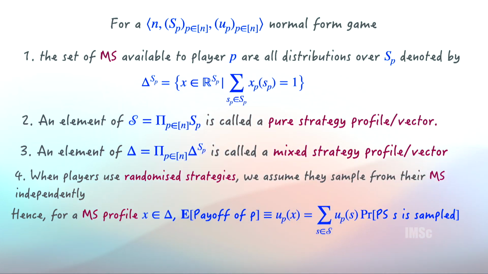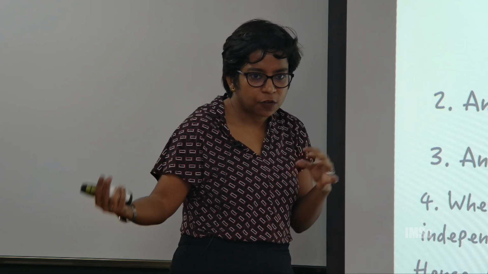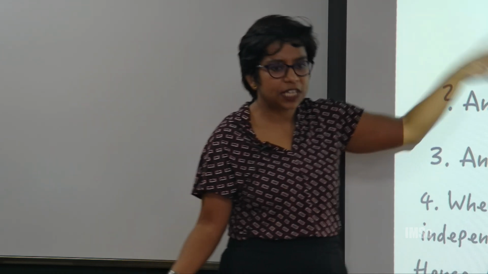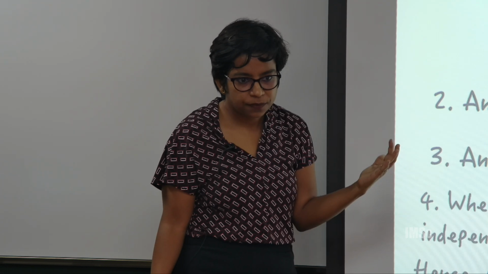When people play mixed strategies, the utility they gain from them and potentially other people playing mixed strategies cannot be directly inferred from the utility function by just reading it off. Then we talk about expected payoff.